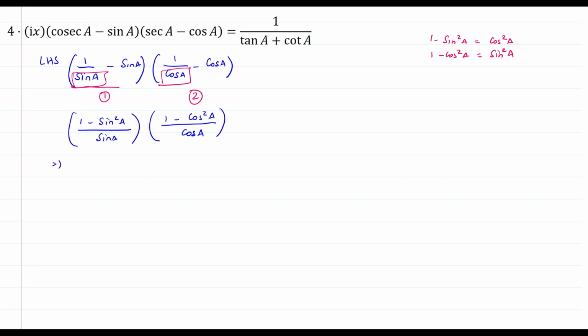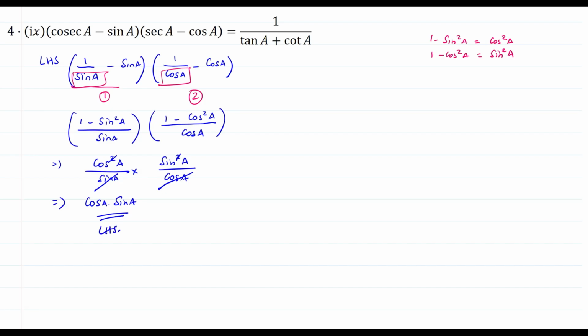So it can be written as cos square A divided by sin A, multiplied by sin square A by cos A. Now this cos A and one of the cos A can get cancelled, and this sin A and one of the sin A will get cancelled, and what will remain is only cos A into sin A. This will remain on the LHS.